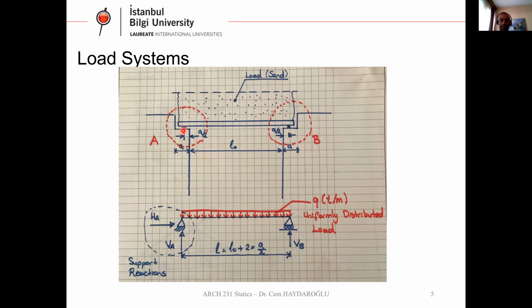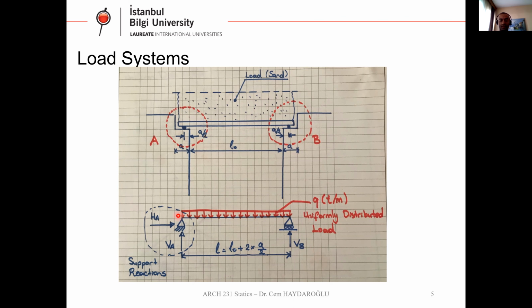So we have just calculated the support spacing. Support spacing is between this dot and the other one. As you can see, this spacing is L equals L0 plus 2 times A over 2.